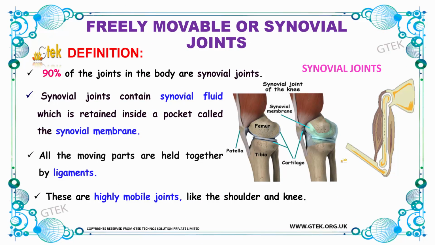Next we are going to see about freely movable or synovial joints. In freely movable joints we have 90% of the joints that we have in our body. So 90% of the joints come under movable joints or synovial joints. Synovial joints will contain a synovial membrane which has synovial fluid.